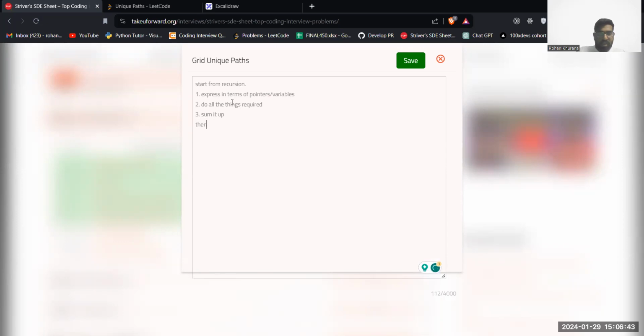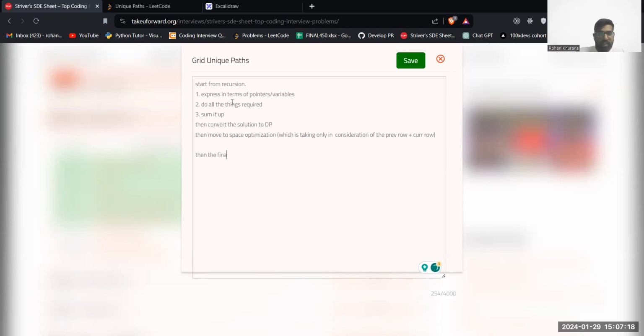Then convert the solution to DP, then move to space optimization, which is taking into consideration only the previous row plus the current row. That's it. I haven't made you understand this, so probably you don't need to understand this, right?